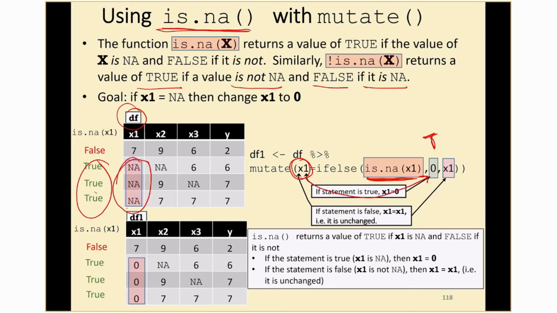So in these three cases, x1 is going to be equal to 0. What happens if the statement is false? What happens if x1 is not NA? Then what does x1 equal? x1 is going to equal x1. In other words, x1 is going to remain the same at 7.